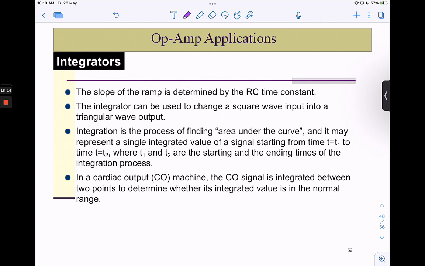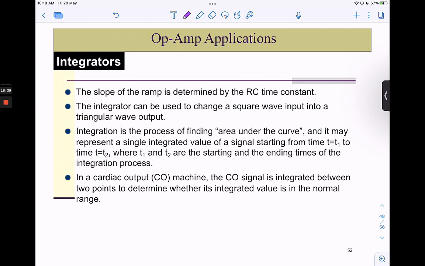Integration is the process of finding the area under the curve, and it may represent a single integrated value of the signals. Usually in biomedical applications, we see this in a cardiac output machine. The cardiac output signal is integrated between two points to determine whether its integrated value is in the normal range.